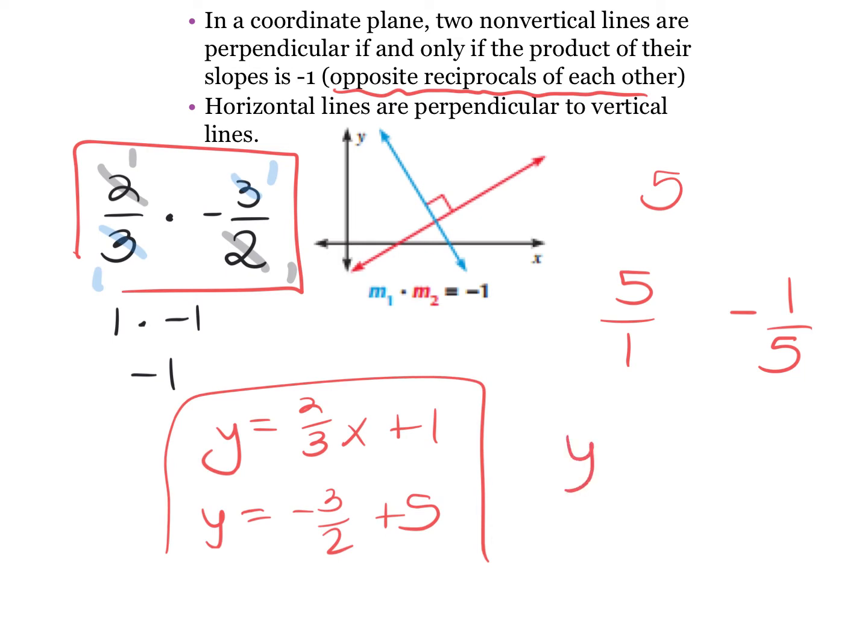Or if I did the one with the whole number, 5x plus 3, and then the opposite reciprocal, I would get -1/5 x. And the b doesn't matter here. I'm just making up random equations. Now, on the test and in the homework, they're going to tell you which ordered pair to use because it will change the value of that b.